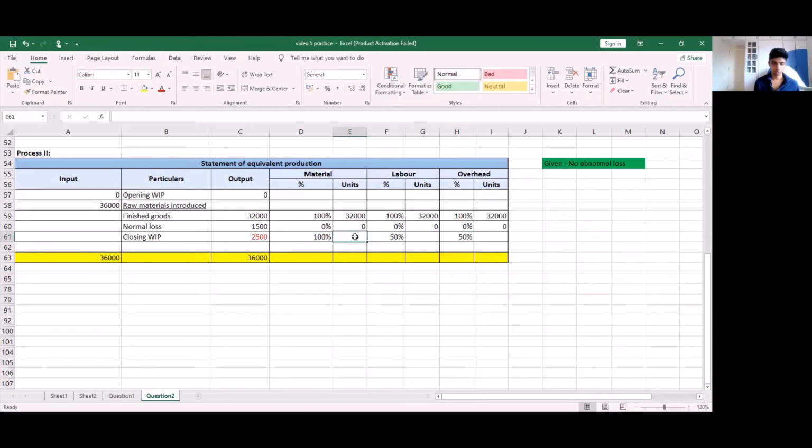So 100% will be 2,500. 50% will be 1,250. So our labor and overheads will have a number of units as 1,250. Let's quickly sum our number of units to get the equivalent units for materials, labor, and overheads.